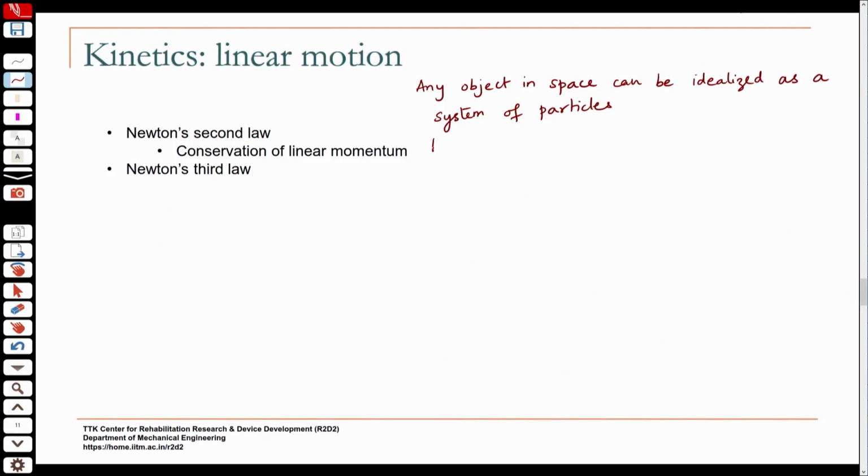Now, for each particle I in the system, if you take a system of n particles, Newton's laws of motion will hold, right.